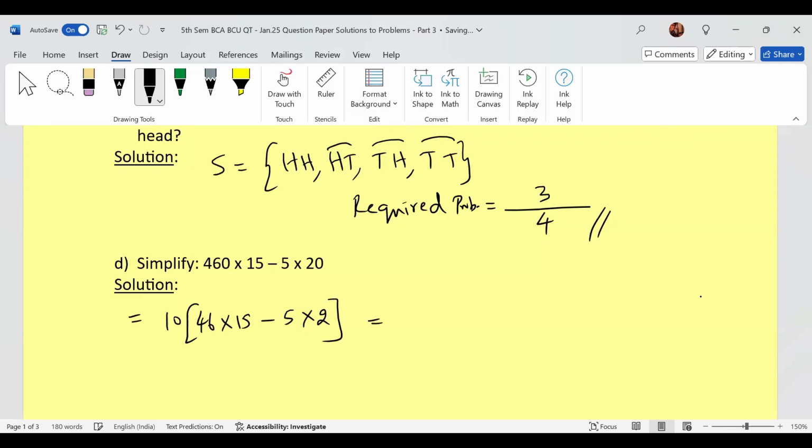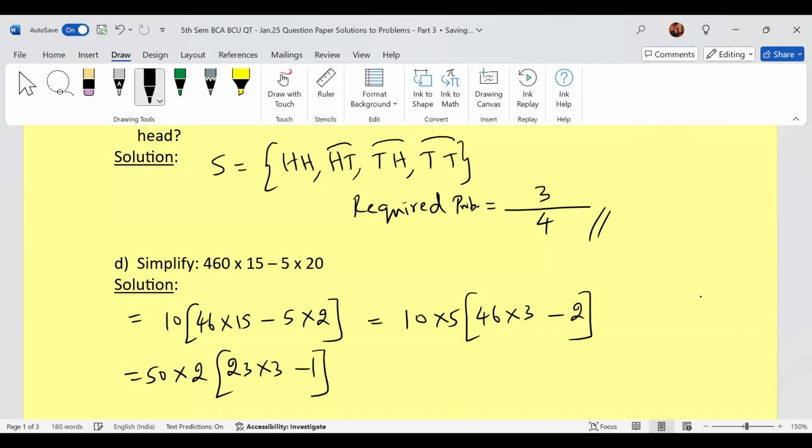Then further we can take 5 outside. So 10 into 5, we will have 46 into 3 minus 2. Now 10 into 5 is 50. Now we can take 2 outside. So we will have 46 divided by 2 becomes 23 into 3 minus 1.